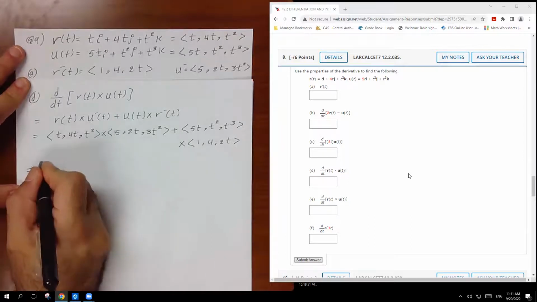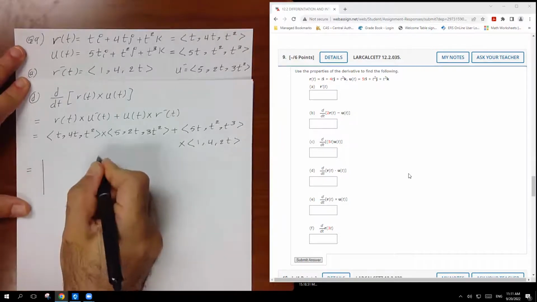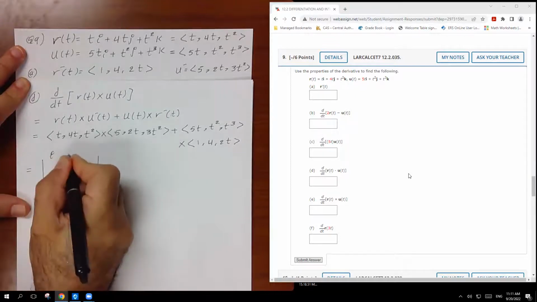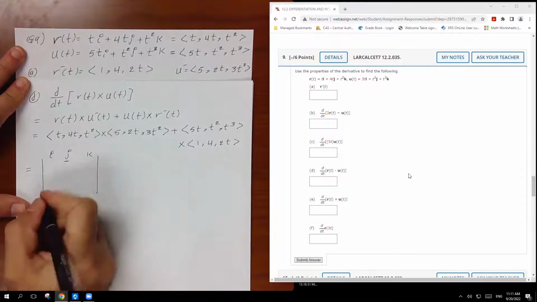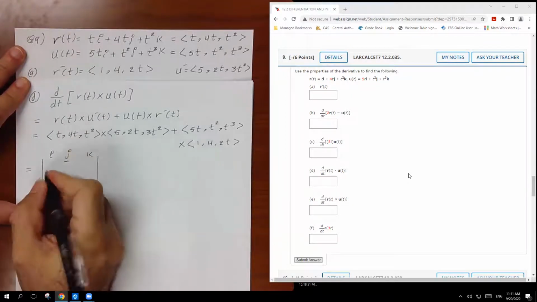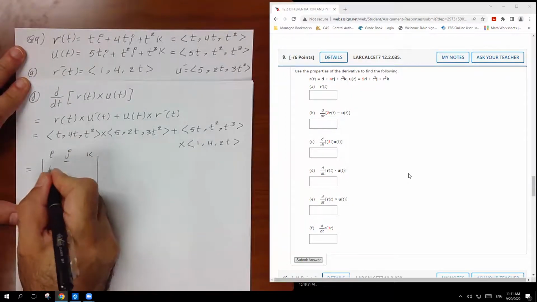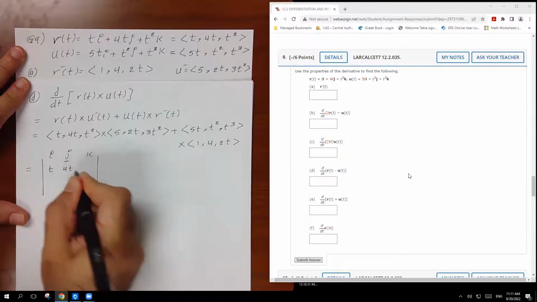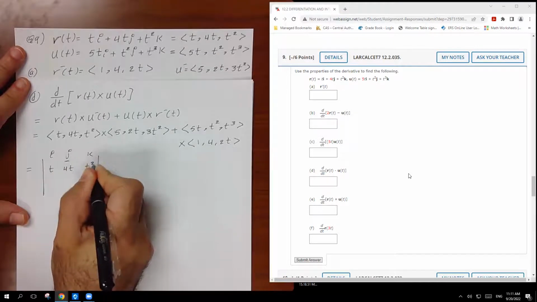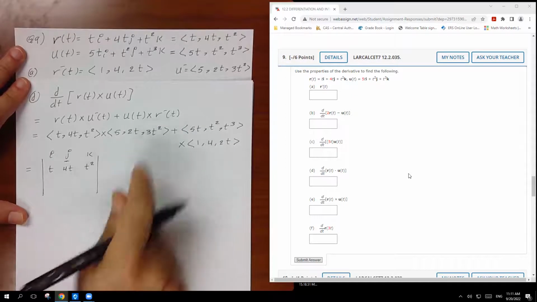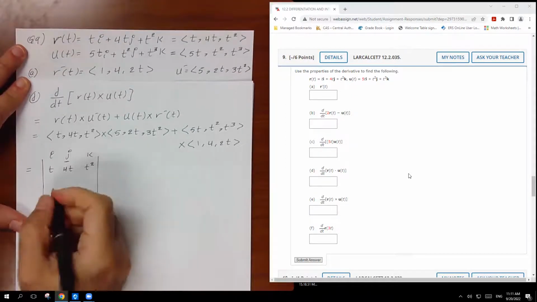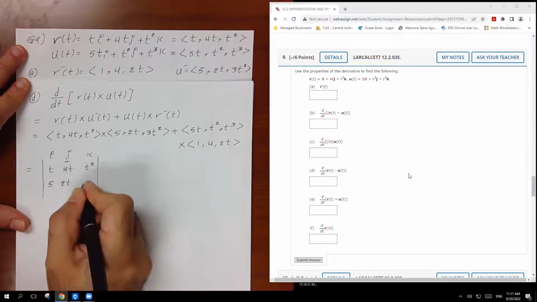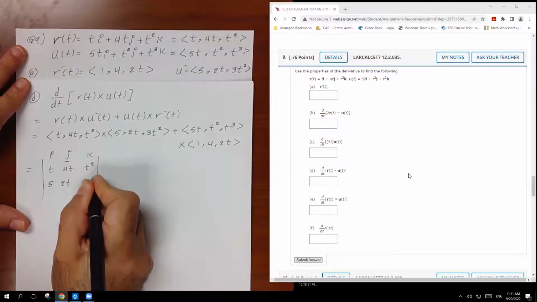I can do it here. This is i, j, and k, and here is minus, always minus with the j. The first one is r of t, which is t, 4t, and t squared, and I'm going to put the prime of u here, 5, 2t, 3t squared.